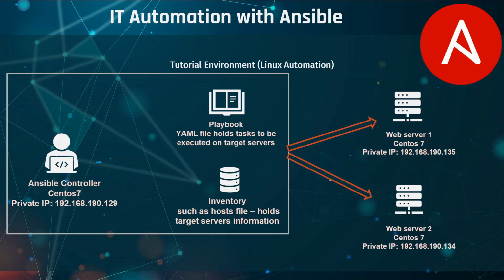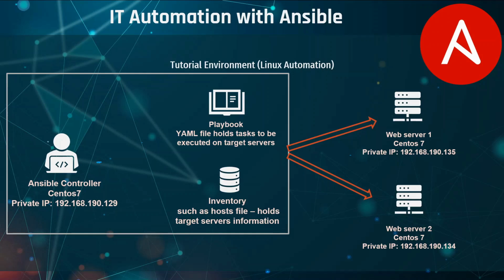This environment is on my VMware Workstation. They are both CentOS 7 with an IP address, connected with networking. We also have the inventory, as I mentioned before. The inventory is made of files such as hosts, and this file holds the information of the target servers, such as their private IP addresses or the DNS.